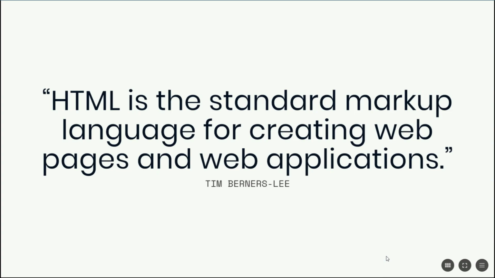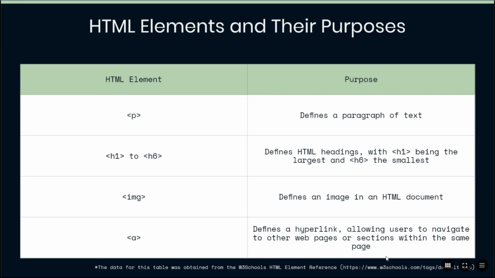HTML is a standard markup language for creating all web pages and web applications on the internet today. These are some tags we're going to be using. I talked about a paragraph tag. A paragraph tag would be an open angle bracket P and a closing angle bracket. The P element would correspond to the paragraph.